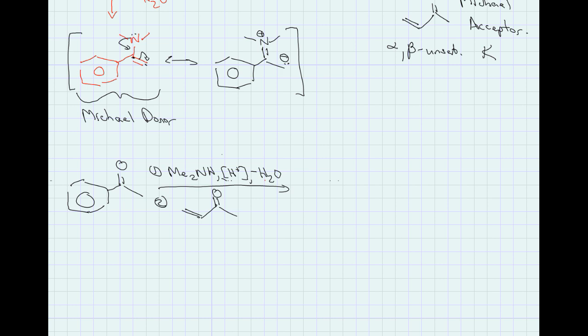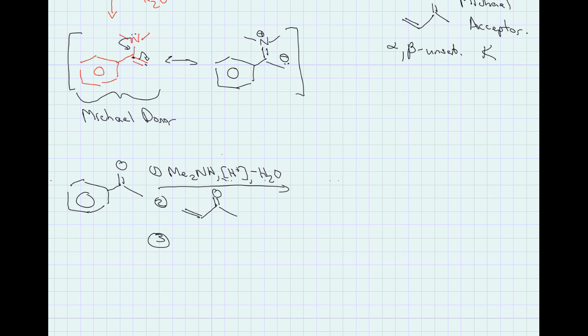And when you're doing a Gilbert Stork enamine synthesis, and we talked about the mechanism of this reaction in class, we looked at the nuts and bolts of it. Basically, in the end, after you've reacted your enamine with your Michael acceptor, you end up with a doubly charged species.